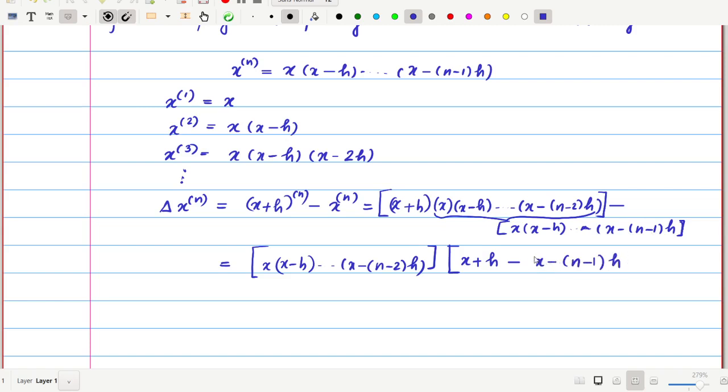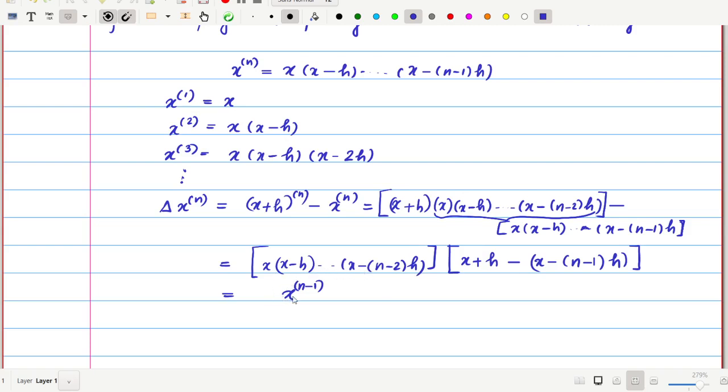So these are the factors remaining in the two brackets. We constitute the common part as x of n minus 1, because this is the product of n minus 1 terms starting from x minus 0h, x minus 1h, up to x minus n minus 2h. So this contains exactly n minus 1 terms starting from x.